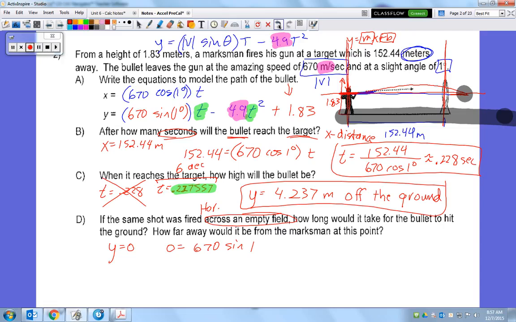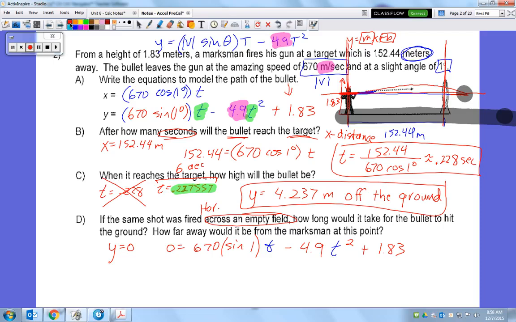Okay, so t is going to be unknown, so I'll leave it as an unknown variable. And then we'll keep going by saying minus 4.9 t squared, and it will be plus 1.83. We're trying to see when this would equal 0.